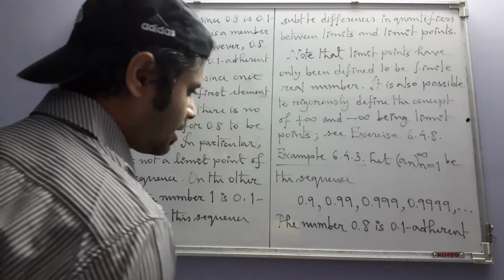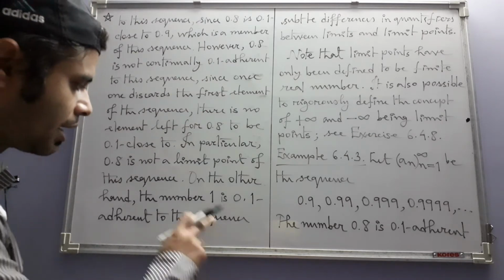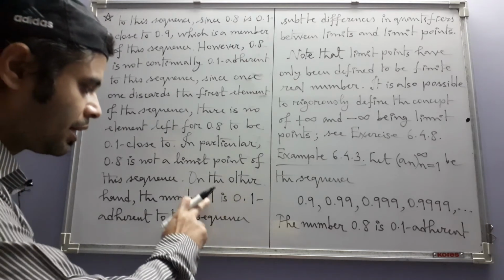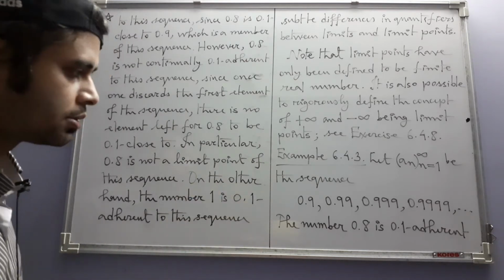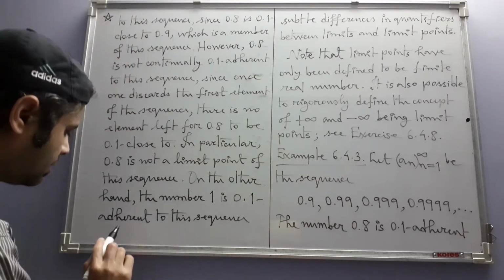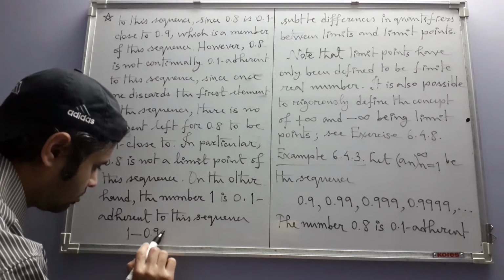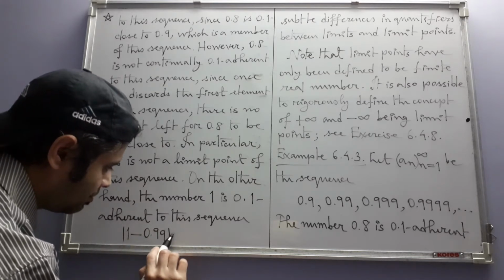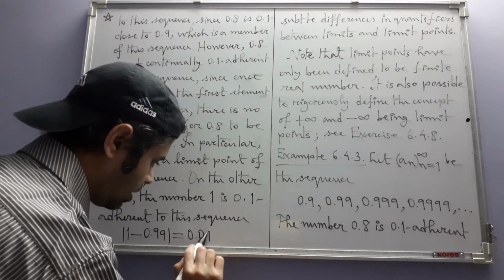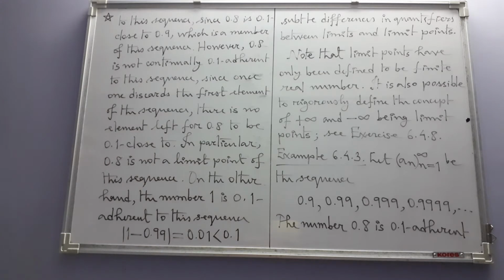If you ask what is the term in the sequence to which 1 is 0.1 close, you can take the example of 0.99 because this difference is 0.01 and this in fact is strictly less than 0.1.